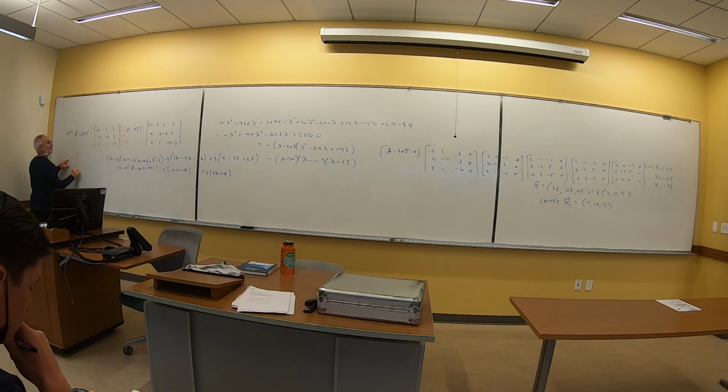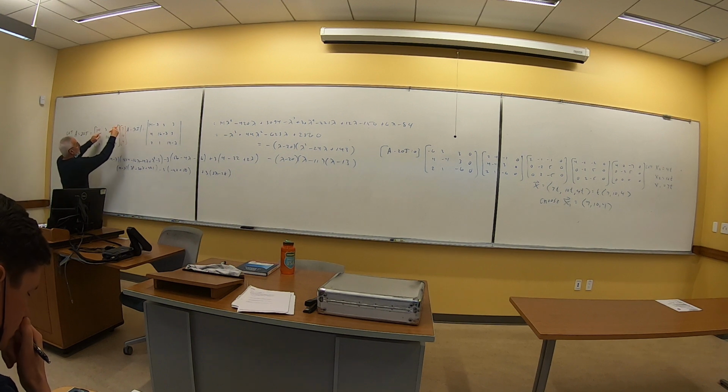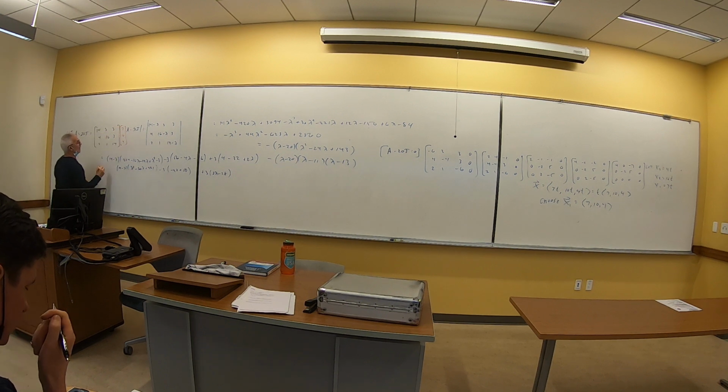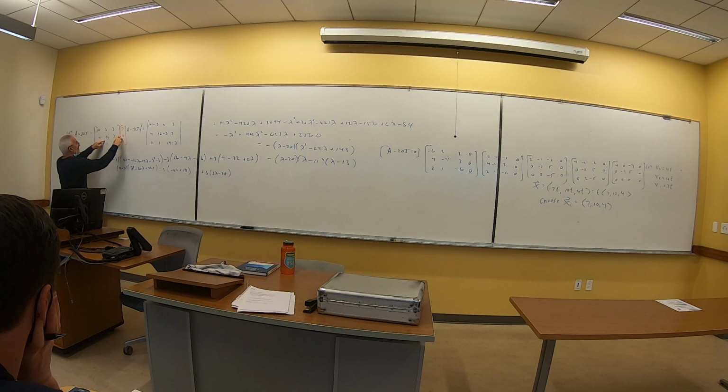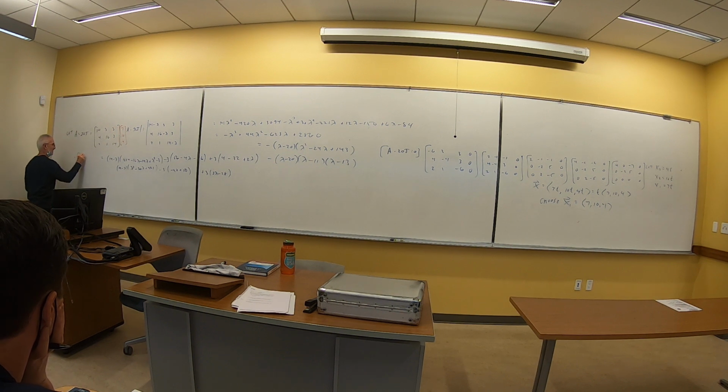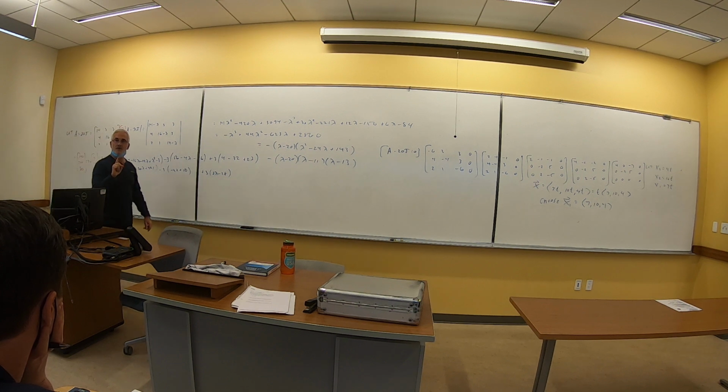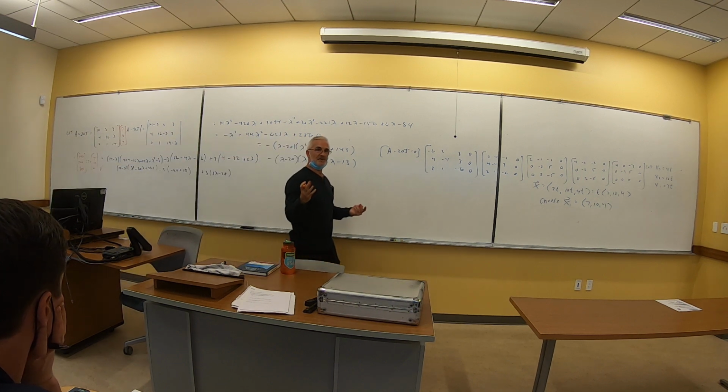So when I multiply that out, 98 plus 30 plus 12 is 140. 28 plus 160 plus 12, that's exactly 200. 14 plus 10 plus 56, that's exactly 80. And that is exactly 20 times 7, 10, 4, isn't it? So we found the eigenvector in terms of ratios.